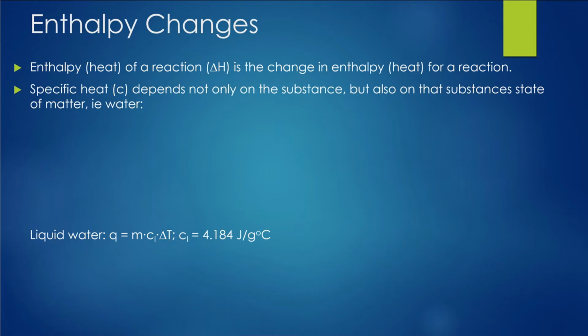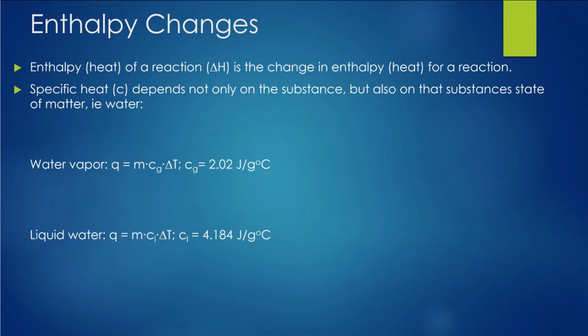But that not only depends on what substance you're working with, in this case water, but also what state of matter it is in. For instance, solid water and gaseous water have different specific heats than that of liquid water.